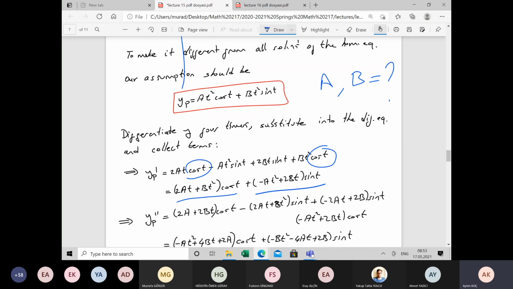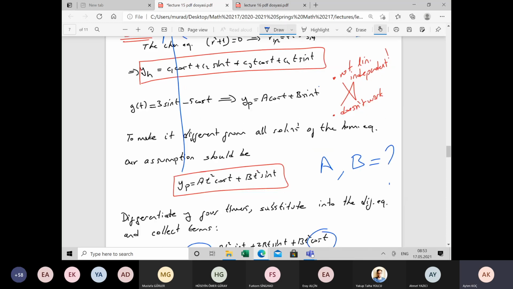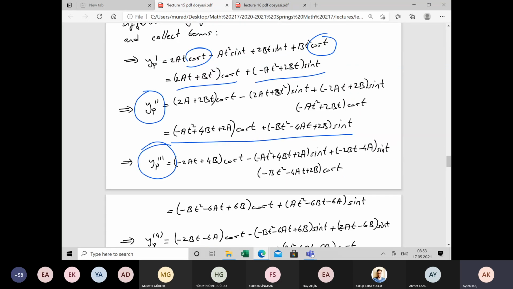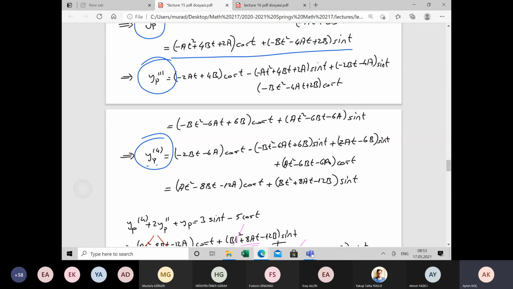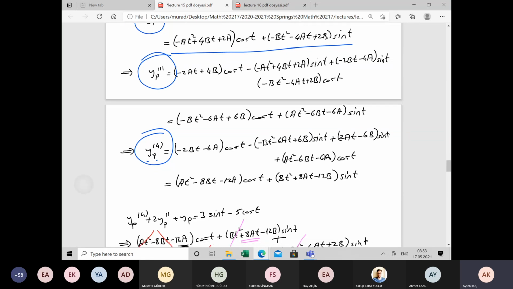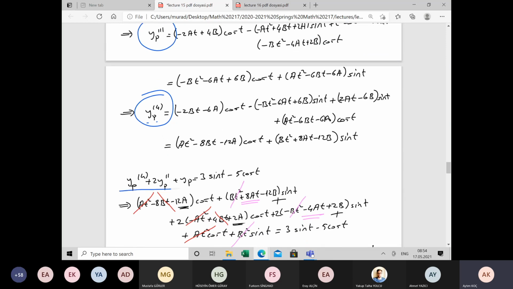And also our differential equation is of order 4, so again we have to differentiate with respect to t, and then differentiate with respect to t again, and we obtain all the derivatives in our differential equation, and substitute here, and this should equal the right side.